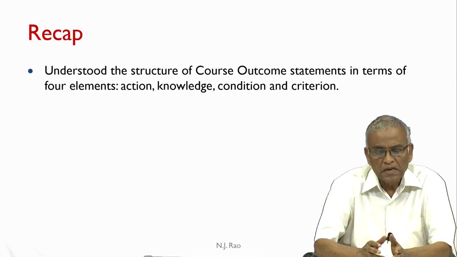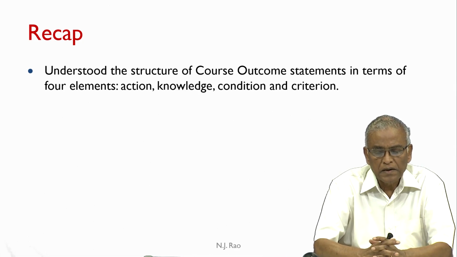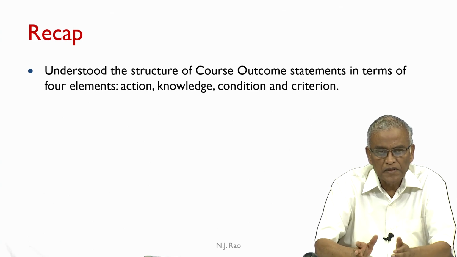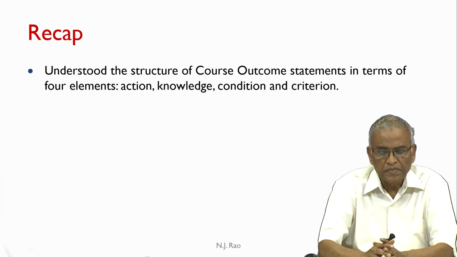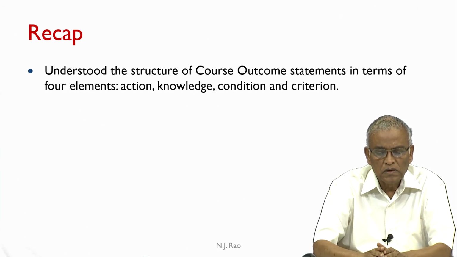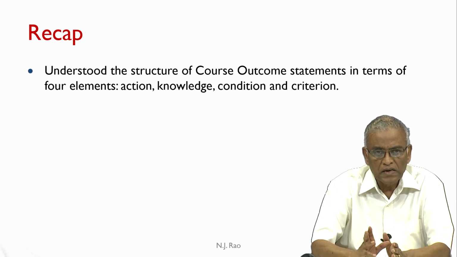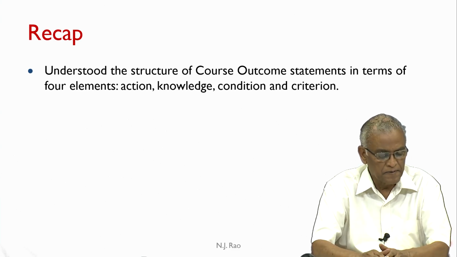But the conditions and criteria are really optional elements. They may or may not be present depending on the situation. Essentially, course outcome statements have 4 elements: action and knowledge being compulsory, condition and criteria being optional.